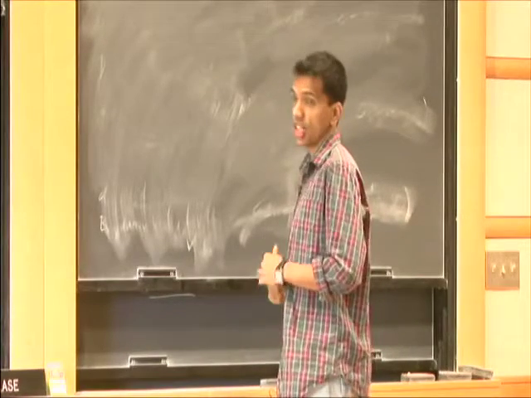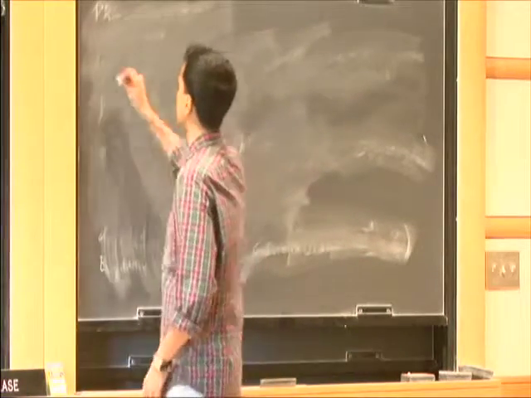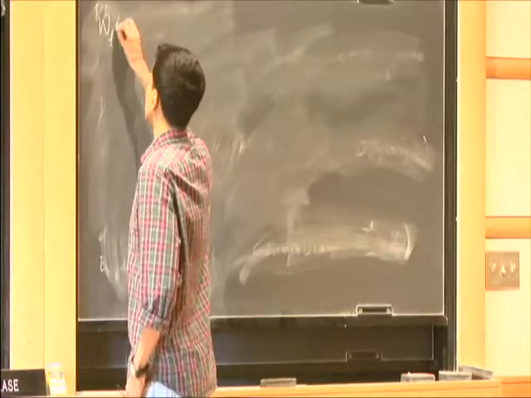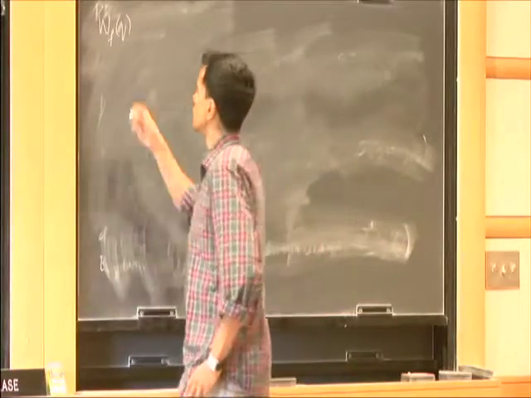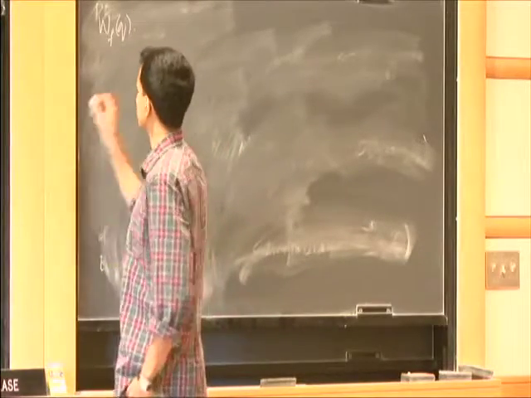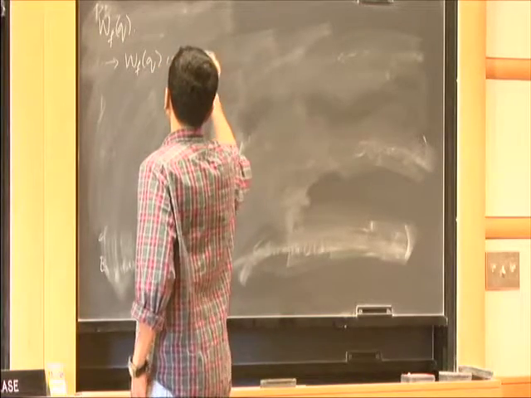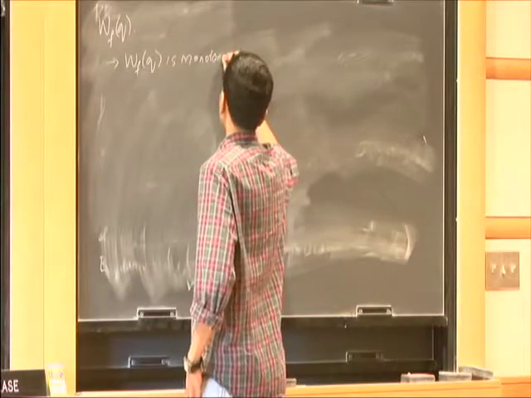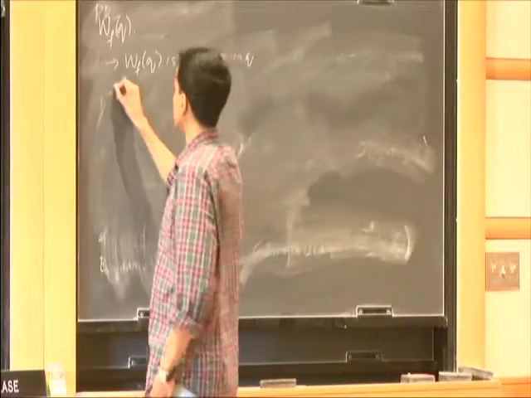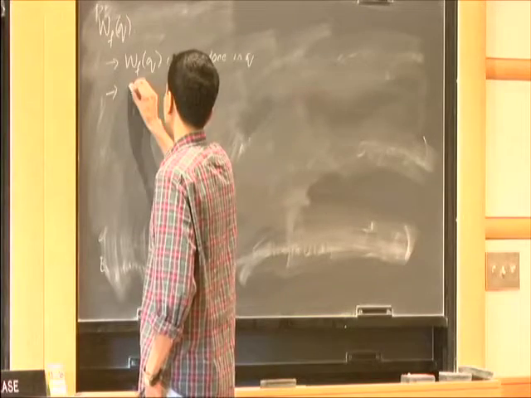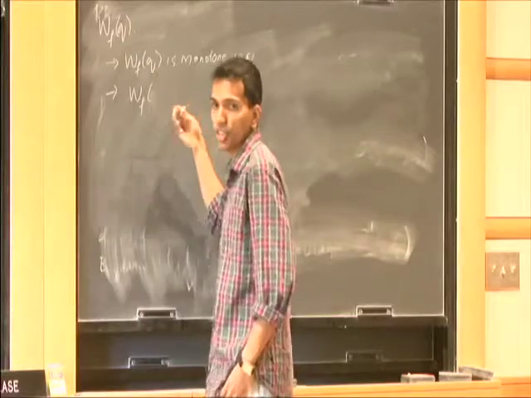First of all, I need to establish that there is such a Q. So let's just do it. It's kind of simple. Let's just look at this function. It's clear that this thing is monotone in Q. And the second thing that's not too hard to see, but is useful for us, is that though this drops as Q drops, it doesn't drop too quickly.